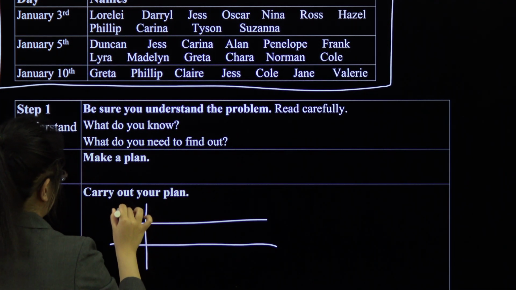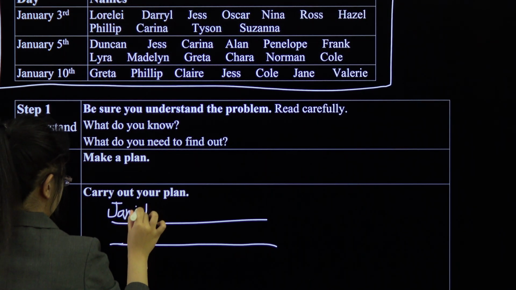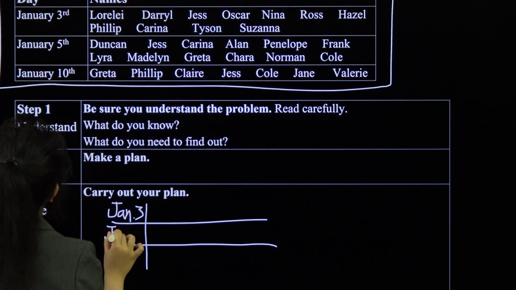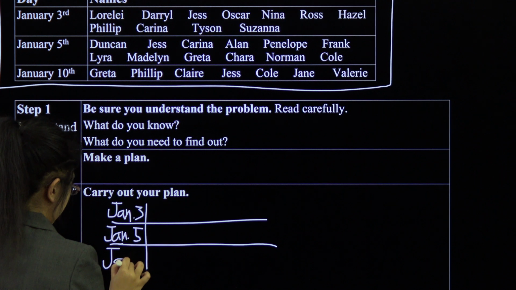Anyhow, so the first one is January 3rd, Jan 3, and then the second one is January 5th, Jan 5. Third one is January 10th.